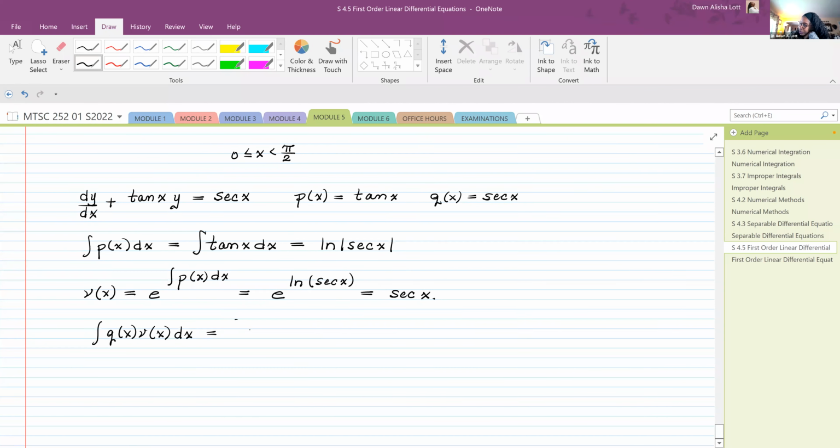And that's the integral of the secant of x times the secant of x dx. And now we're talking the integral of secant squared, and that's just tangent plus c.